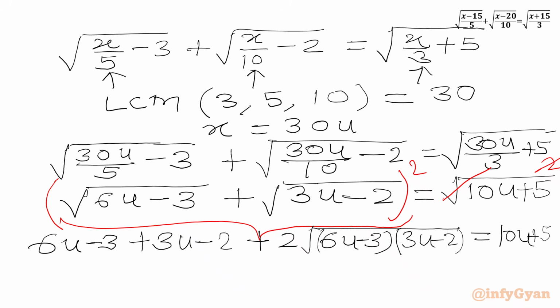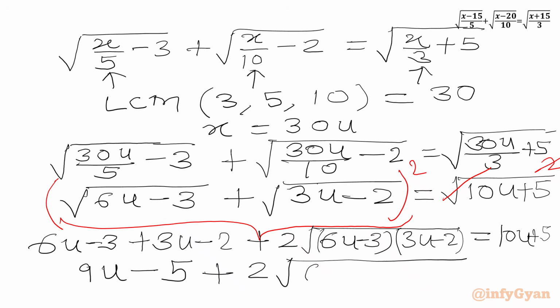Now 6u plus 3u is 9u. Minus 3 minus 2 is minus 5. Plus 2 times the square root of 6u minus 3 times 3u minus 2 equal to 10u plus 5. Now we will subtract 9u minus 5 from both sides.